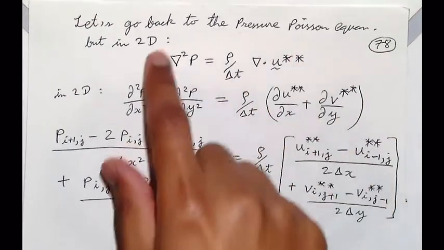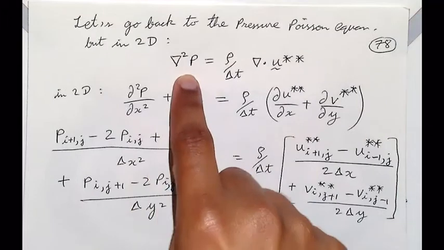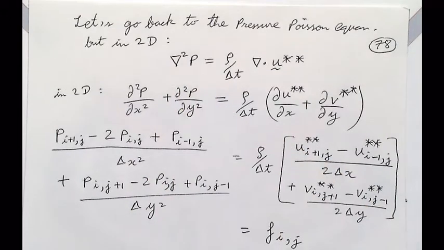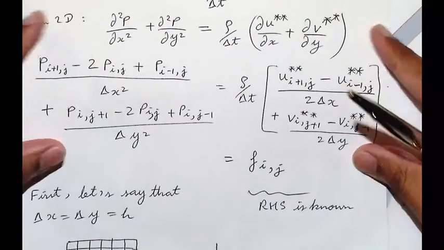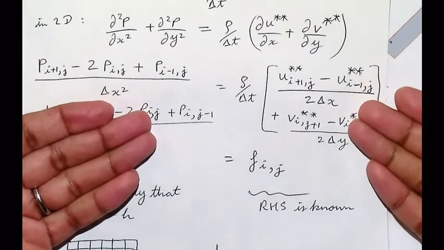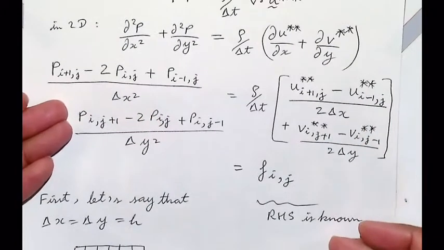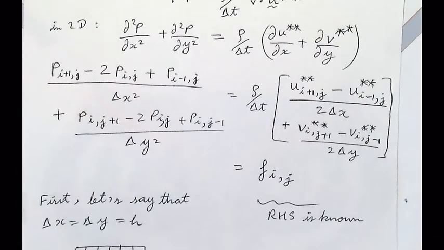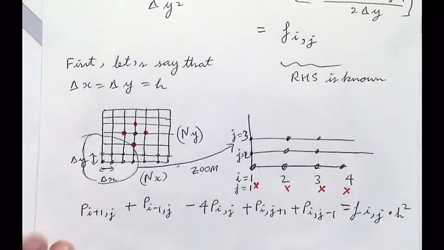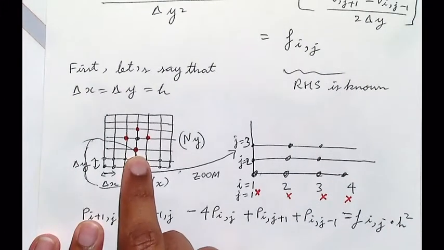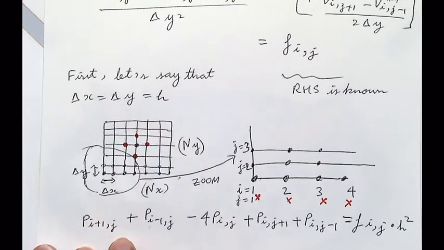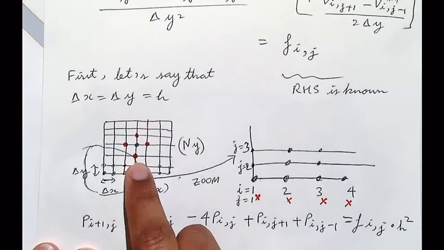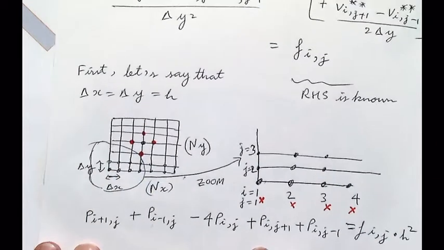And we figured out we would have to find the pressure in this manner and make the final velocity divergence free. Okay? And in 2D, we just wrote out the full equation. Everything here is known on the right-hand side, and all the pressure values are unknown on the left-hand side. And in 2D, this is just a 5-point stencil with up, down, left, right, and the center. And we have to solve this for each of the points in the domain.